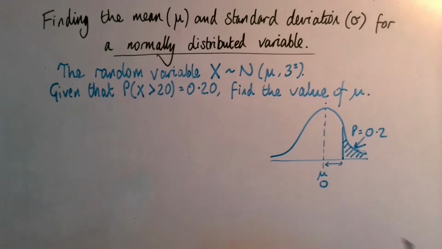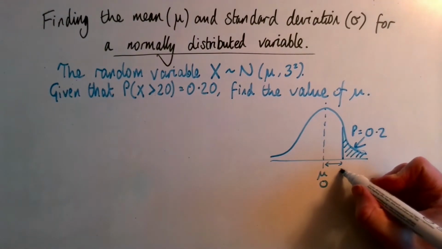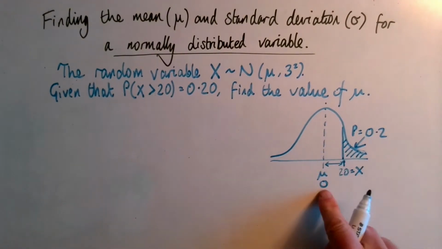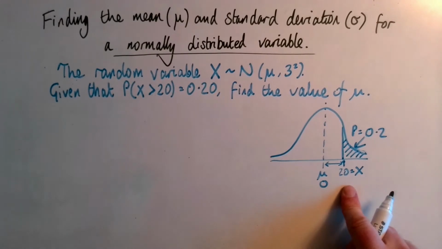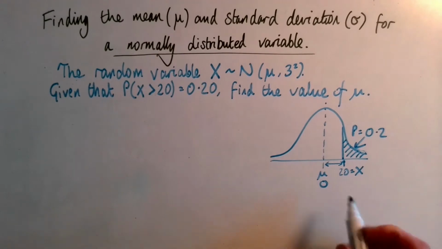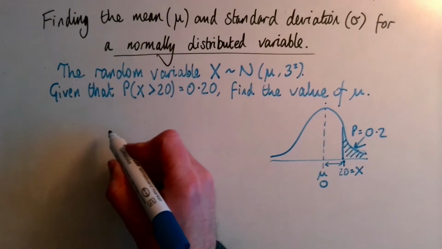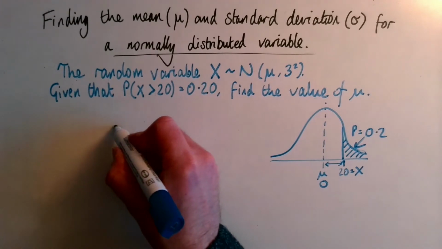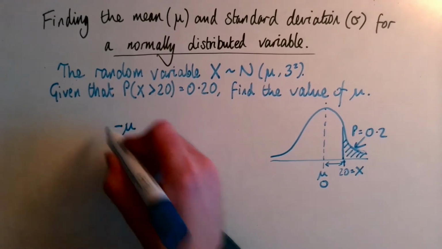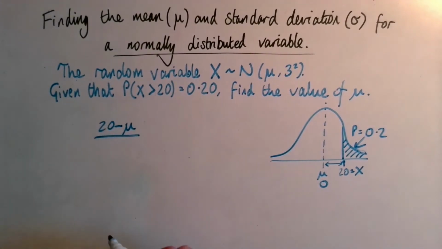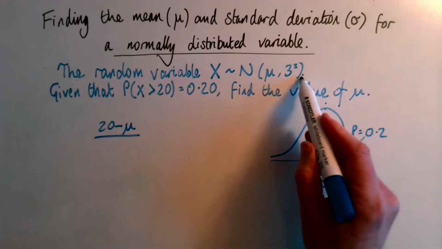When I say that, of course, I mean 20, because we know that that is 20 as far as x is concerned, but we call the value z once it's into the normal distribution. So in order to find out what z is, how many standard deviations away from the mean it is, we need to take away the mean from that value of 20 and then divide that by the standard deviation.